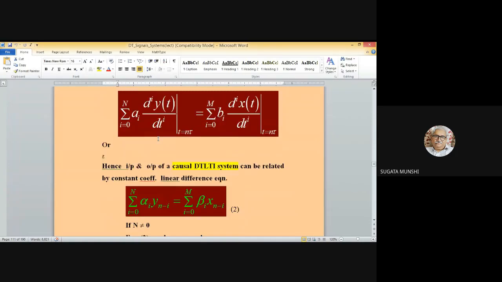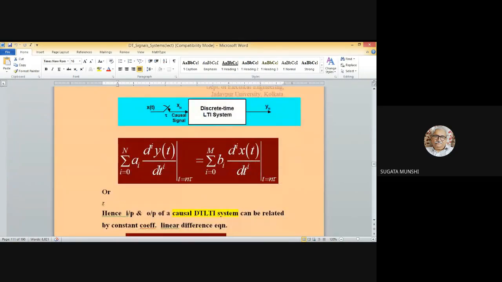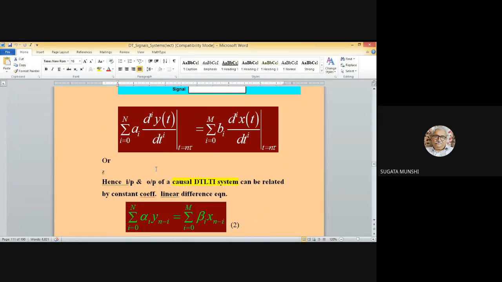All right, is it clear? Each such derivative can be represented by a constant coefficient difference equation. So ultimately you will end up with that type of an equation. The left-hand side will be this one, the right-hand side will be that one.